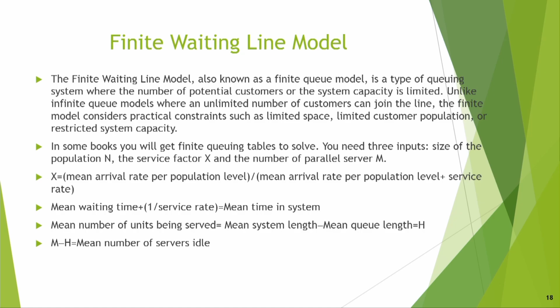That means the same thing we said: WQ plus 1 by mu is equal to WS. Mean number of units being served is equal to mean system length minus mean queue length, which is H, and M minus H is equal to the mean number of servers idle.